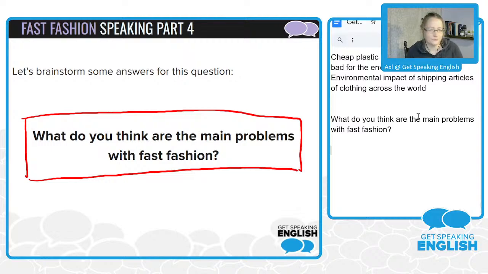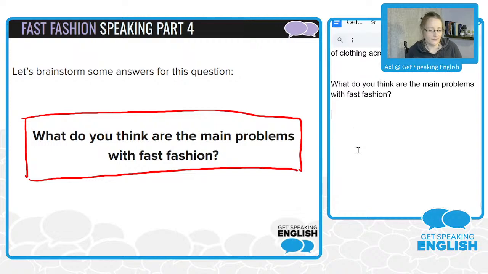So some of the main problems with fast fashion. Let me know what you think. For me, I suppose the environmental impact is probably the biggest issue, at least in my opinion.